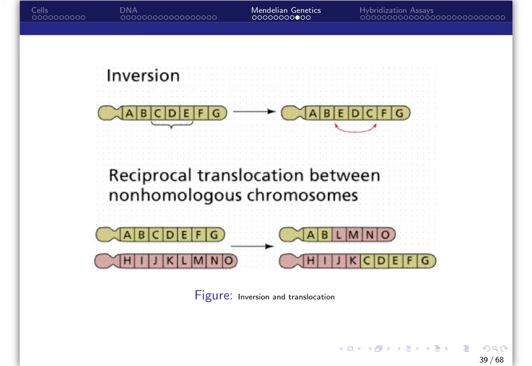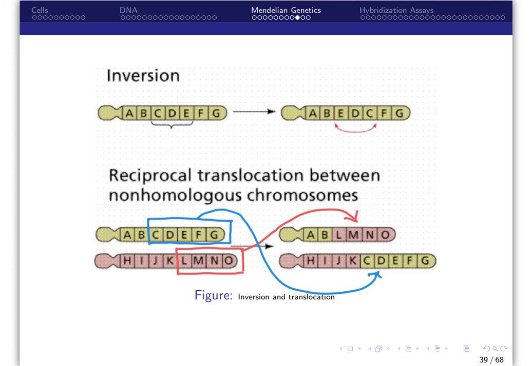Somewhat related is a reciprocal translocation between non-homologous chromosomes, which is when a small sequence of bases are removed from one chromosome and then reinserted into a different chromosome. Since DNA is information, and information typically has a beginning point, such alterations in the DNA sequence would produce an inactive or altered protein.